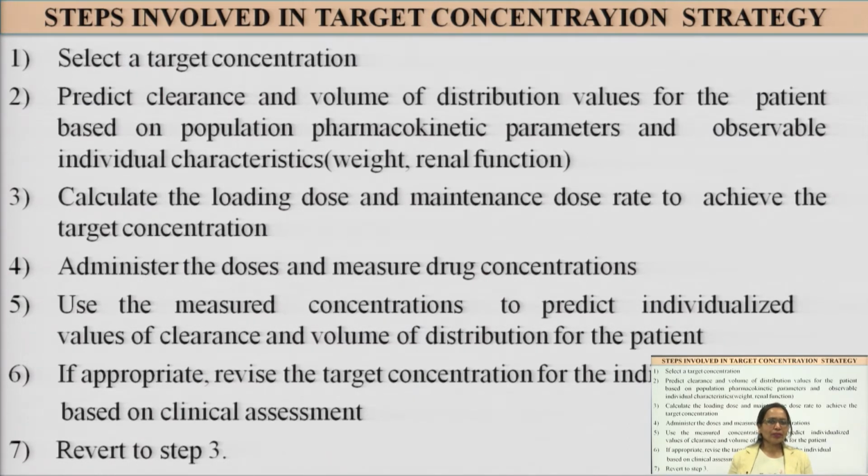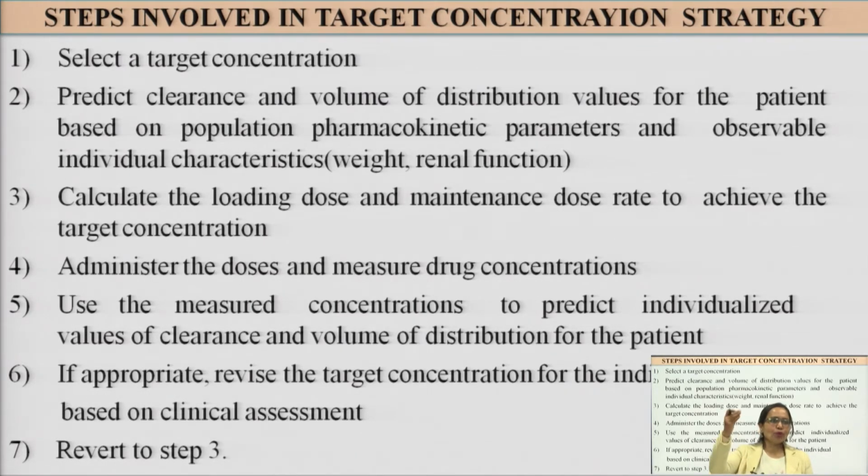Use the measured concentrations to predict the individualized value of the clearance and volume of distribution of the patient. If appropriate, revise the target concentration of the individual based on the clinical assessment.